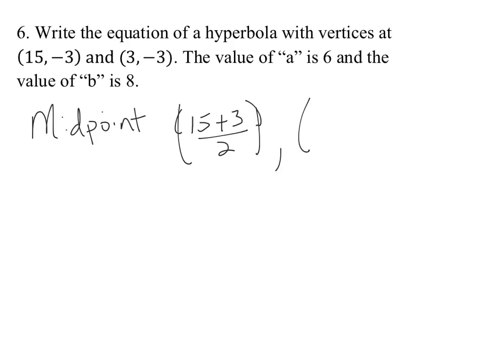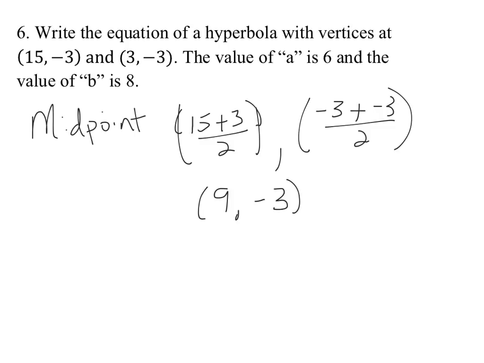So our y values are -3 and -3, and divide by 2. All right, so 15 plus 3 is 18, divided by 2 is 9. And -3 minus 3 is -6, divided by 2 is -3. So our center is (9, -3).